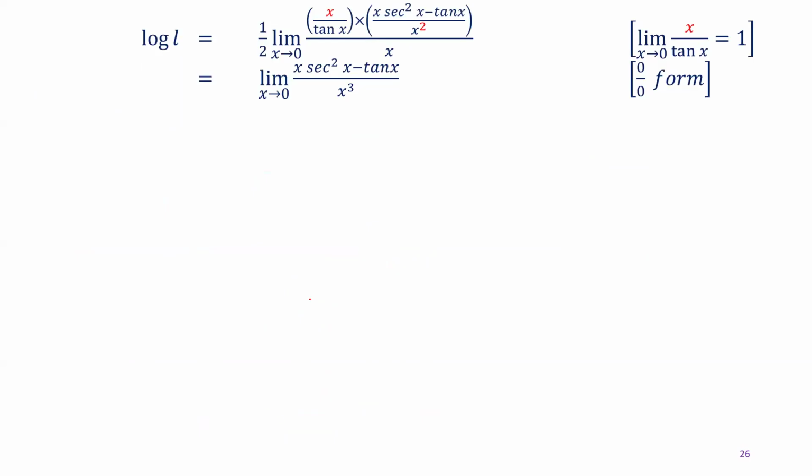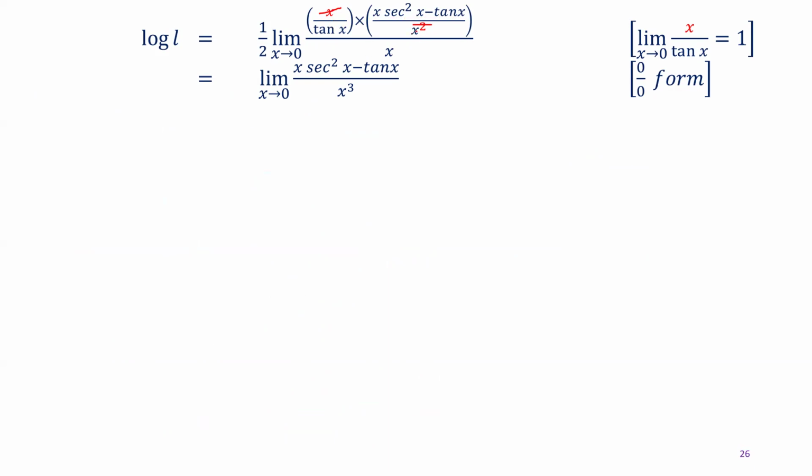Now, one x will cancel over here. We have 1/tan x into (x sec² x − tan x) divided by x², all divided by 2x.